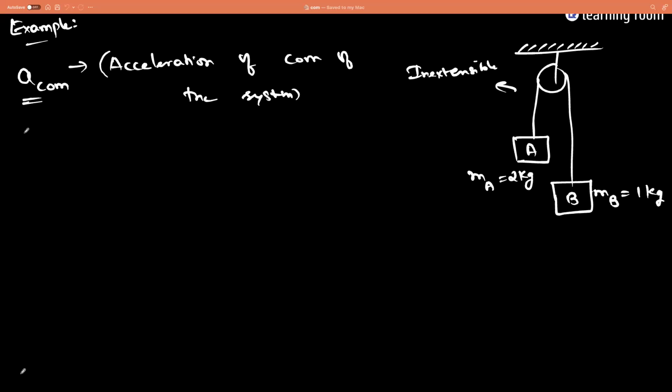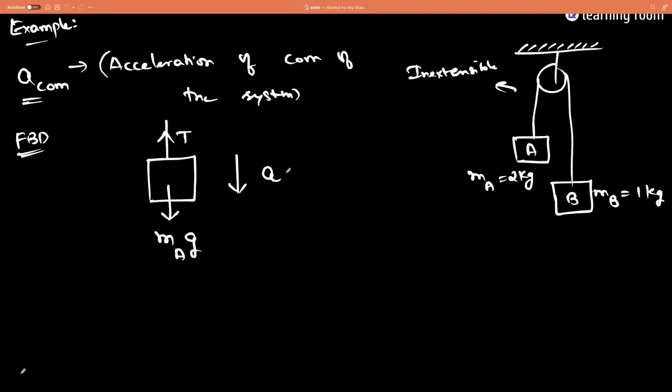So we will go with the free body diagram concept. M_A into g is acting downwards. Tension here is acting upwards. And acceleration is in the downward direction. So M_A g minus T is equal to M_A into small a.